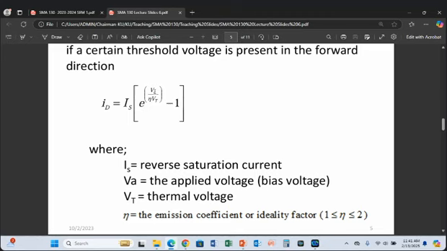Then e is the exponent, raised to power VA divided by eta VT. This letter which looks like N, we call it eta. VT is what we called previously the thermal voltage. All the symbols are defined here, and the value of eta is between 1 and 2. VA is the applied voltage, which we said is also known as biasing voltage.